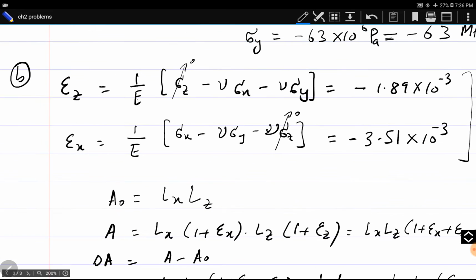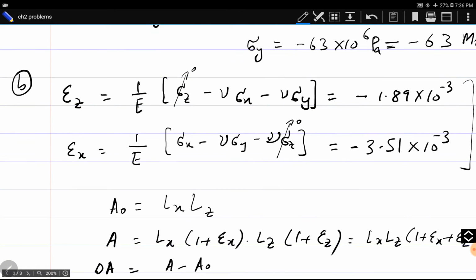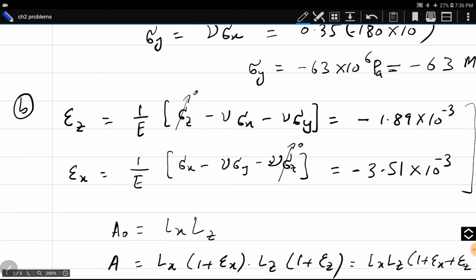The only expression related to mechanics of materials is generalized Hooke's law. So if you know how to use generalized Hooke's law to find strains, because the values of stresses are given, you can do this problem. I will move further.